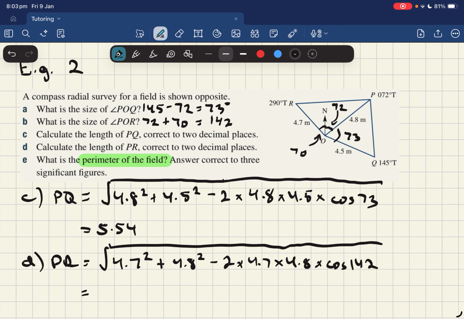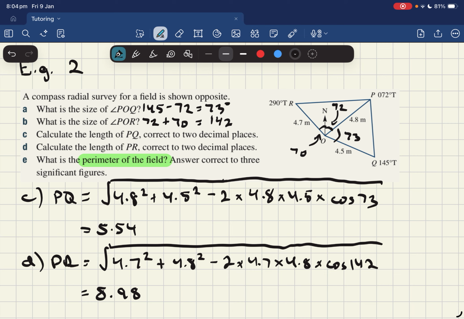And once again, we're going to put this in our calculators. So we have the square root of 4.7 squared plus 4.8 squared minus 2 times 4.7 times 4.8 times cos of 142. So we get 8.98.